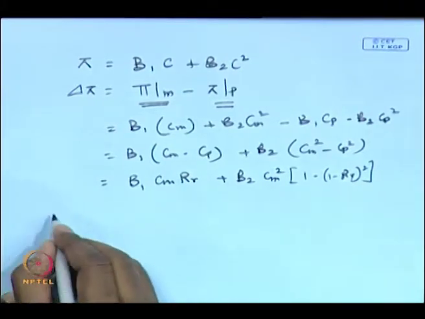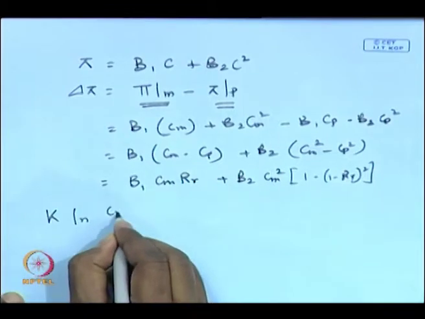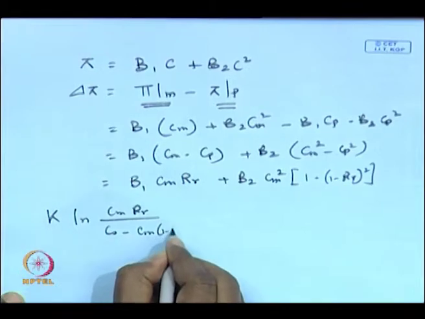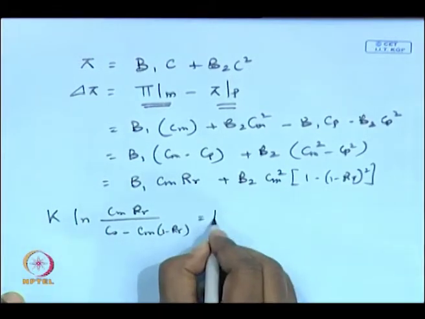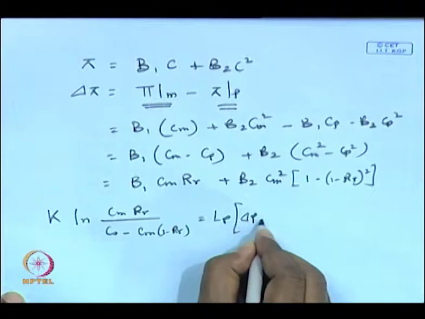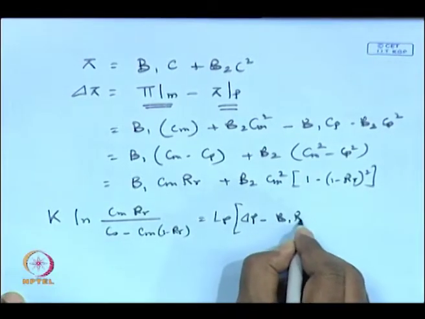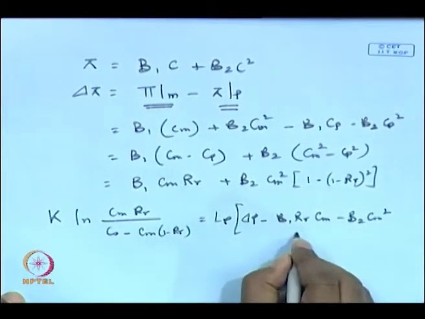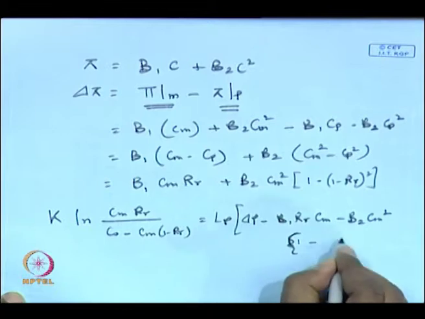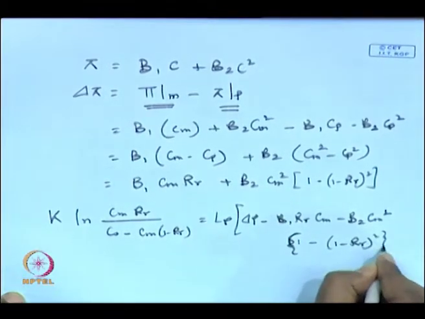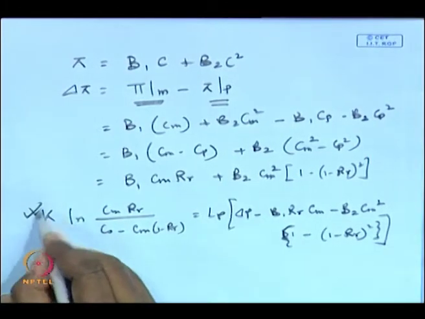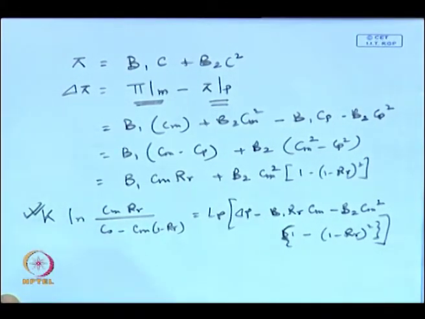So, this expression K ln Cm Rr divided by C naught into Cm 1 minus Rr is equal to Lp del P minus B1 Rr Cm minus B2 Cm square 1 minus Rr square. Now, in this equation we have already estimated the value of K, that will be in the order of 10 to the minus 7 meter per second, we have already done it.